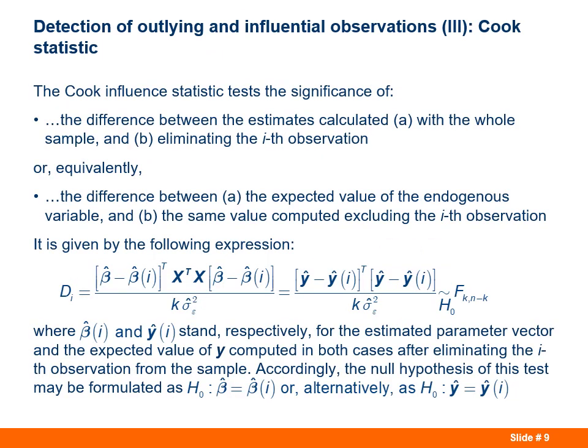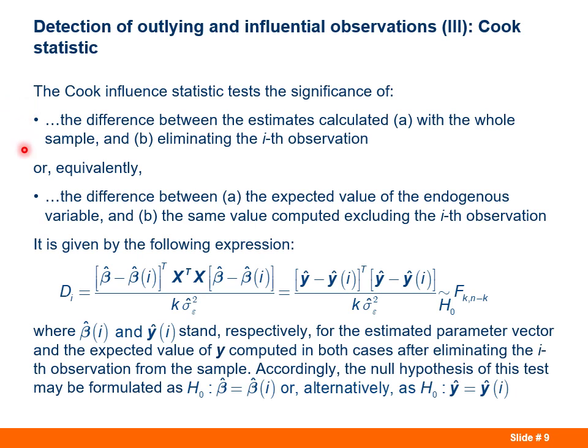Now we will consider another tool which is useful to detect outlying observations with respect to the y-axis and also to test for the influence of this observation. This is called the Cook statistic. The Cook statistic tests two things.